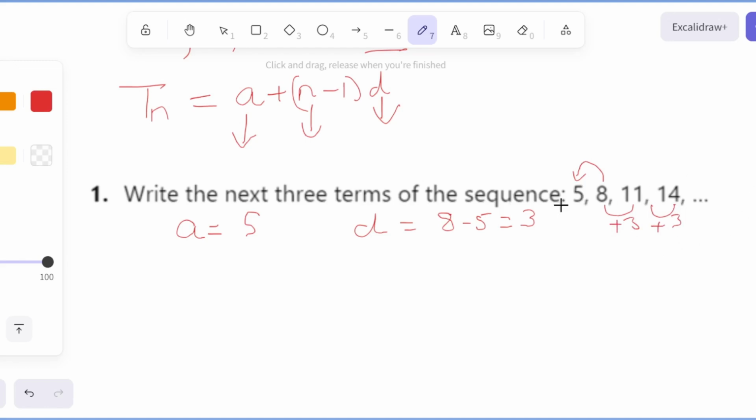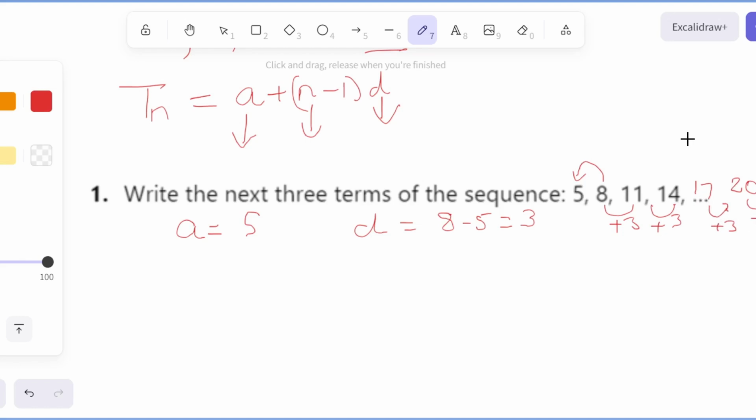The next term will be 14 plus 3, which is 17. Again, if you add 3, you get 20. Again, add 3, you get 23. The next three terms are 17, 20, and 23. So that's how we do it. Without even using the formula, you can figure out a few terms.